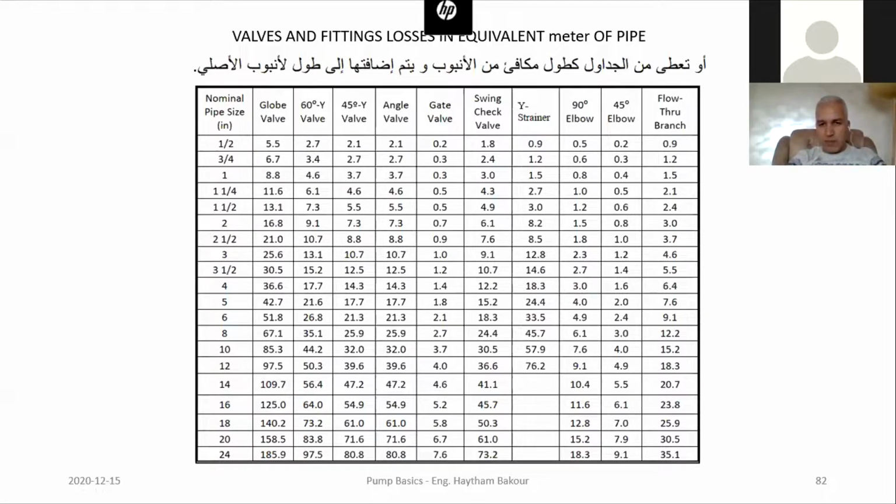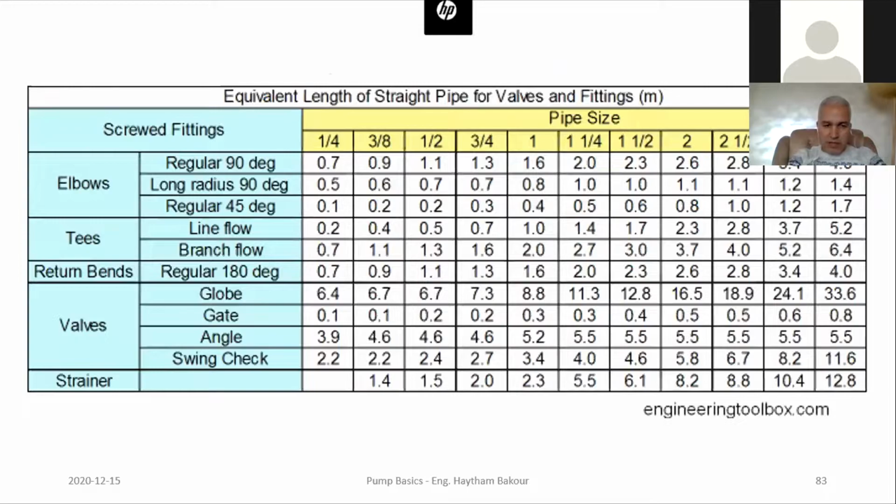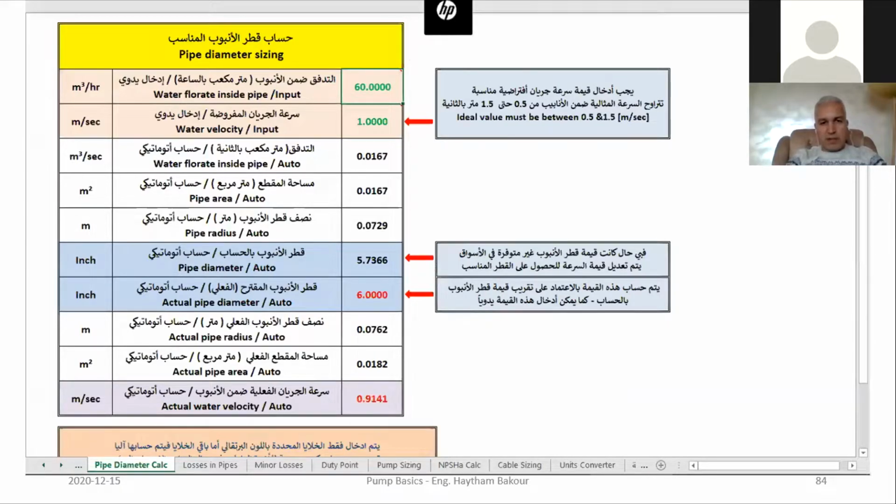We are going to inform you in detail about those later on. This is why we are converting those losses to equivalent meters, so we have a unified unit to calculate our losses. So maybe we have 500 or 600 meters lost, so we can compensate for them. This is another table from another company.